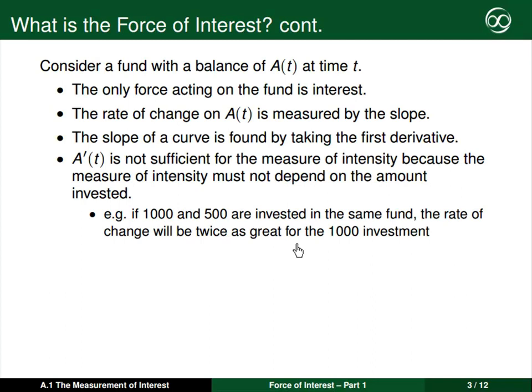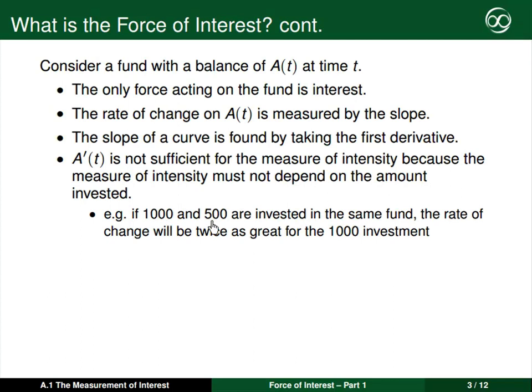So for example, if the fund does really well over the first year, then the amount of interest that the person who invested the $1,000 earns will be twice the amount of interest that the person who invested $500 earns. And conversely, if the fund does really poorly, then the amount that the $1,000 investor loses will be twice that of the $500 investor. So the rate of change will be twice as great for the $1,000 investment.